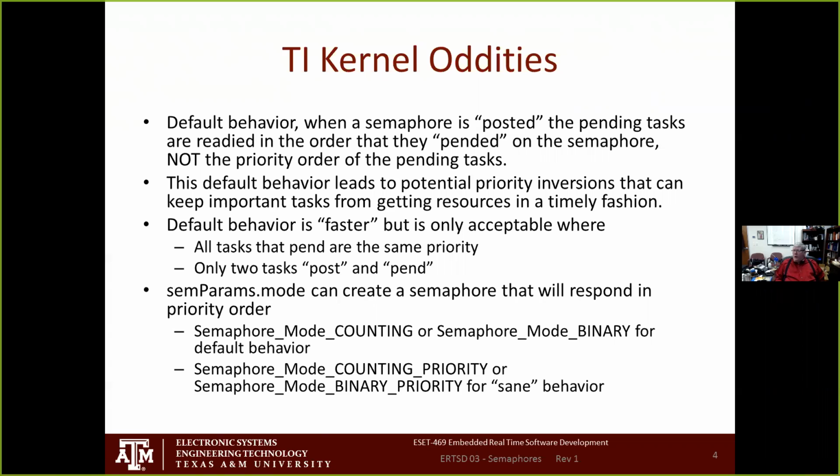When you do the semaphore create, there's a flag that you set, and instead of using the semaphore mode counting or semaphore mode binary, you add the underscore priority to those two constants, and that gives you the same behavior for your semaphores.